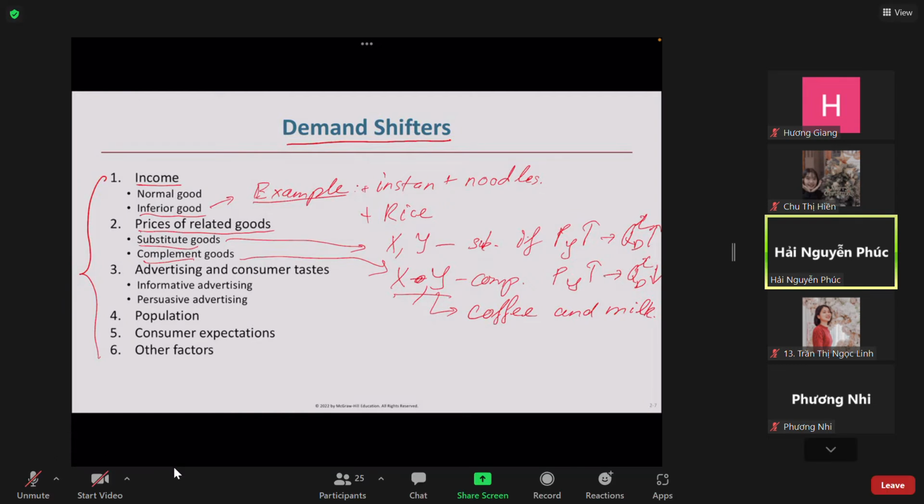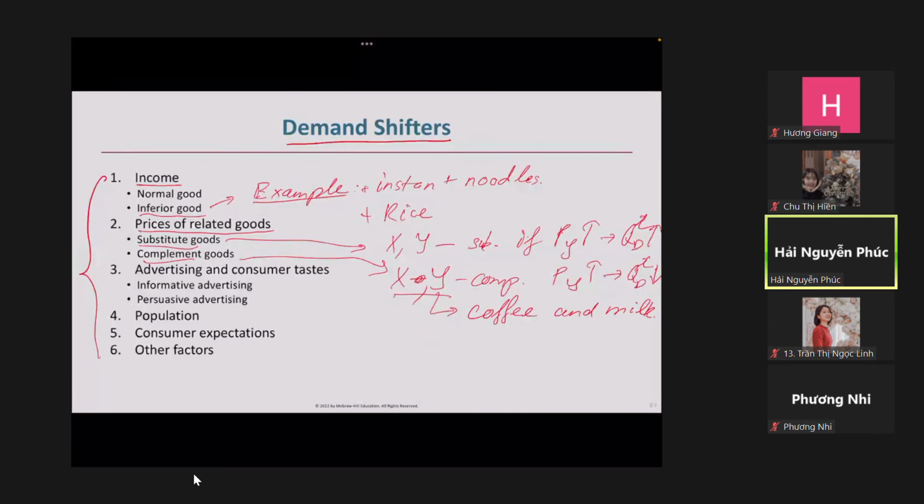And I think that the most intuitive and easy example of complements is the case of cars and gasoline, right? I say cars and gasoline. Okay, right?